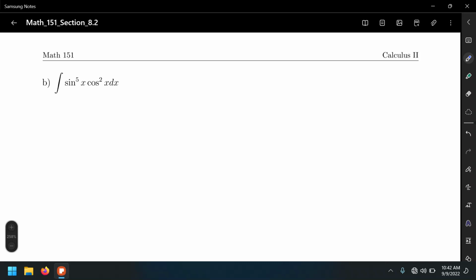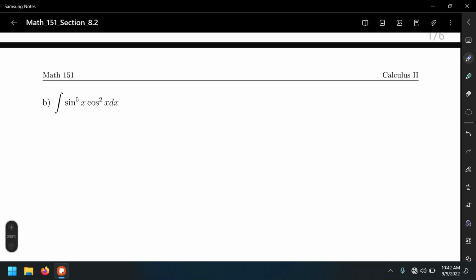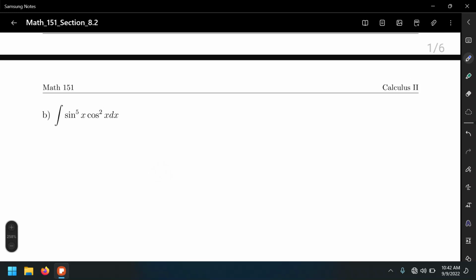Maybe just a couple of lines here, at least a basic setup, and then we call it a day. We have the integral of sine to the 5th power times cosine to the 2nd power. We need to be very careful with these kinds of integrals, because in this case your main focus is going to be the odd power of the trigonometric function, not the even power.